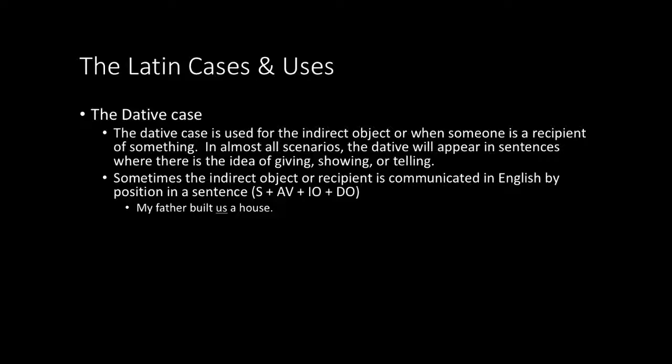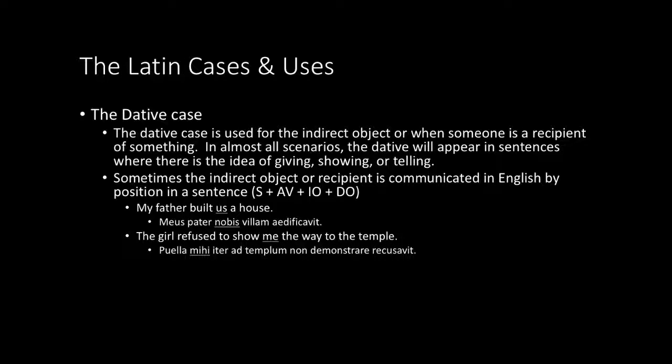In this case, us is the recipient of the house. In Latin, I would use the dative form nobis to write us. In the second example, me is the indirect object. In the Latin, I will use mihi.